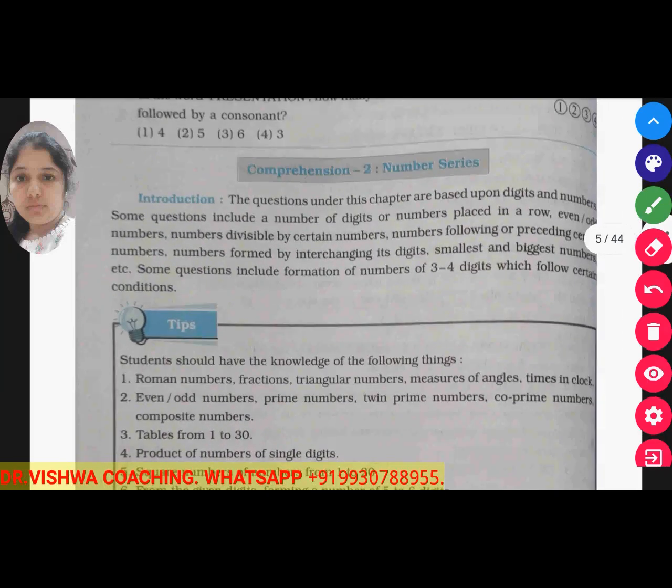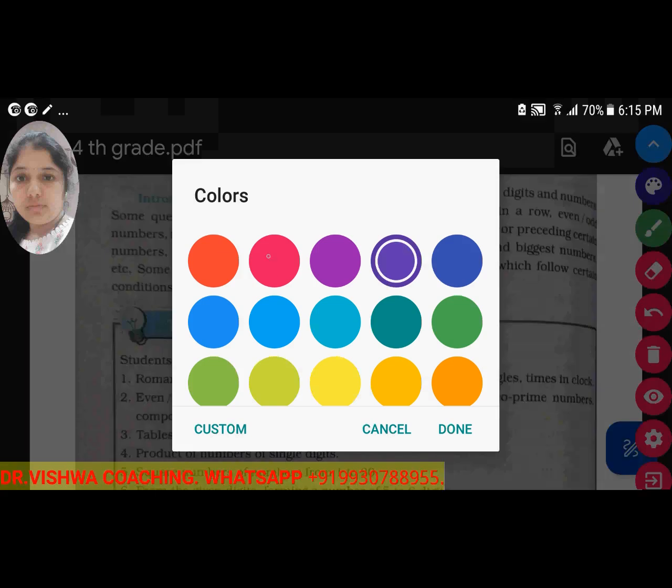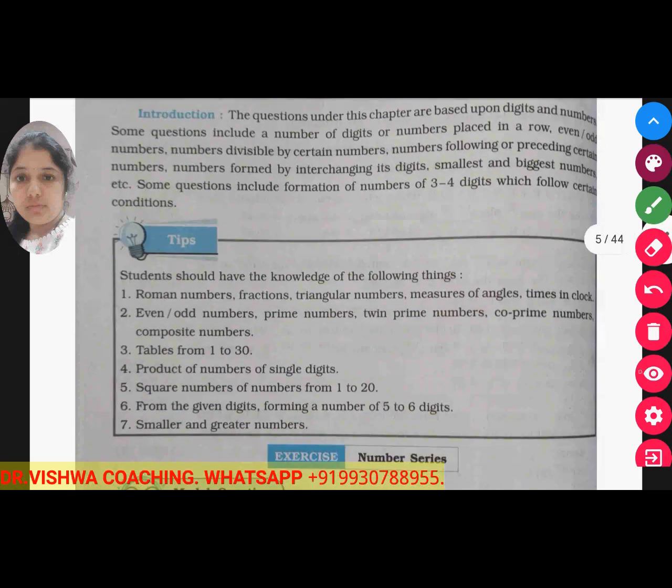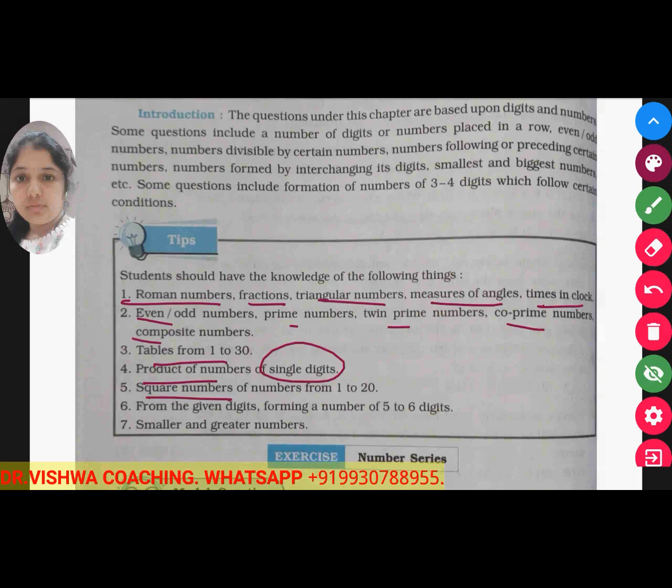Now the next topic on the comprehension belongs to number series. Here again you should have an idea about Roman numbers, fractions, triangular numbers, measure of angle, time in the clock, even odd numbers, prime numbers, twin prime numbers, co-prime numbers, composite numbers, tables from 1 to 30, product of single digit numbers, then squares of numbers from 1 to 20, and from the given digits forming numbers up to 5 to 6 digits, smaller and greater numbers.